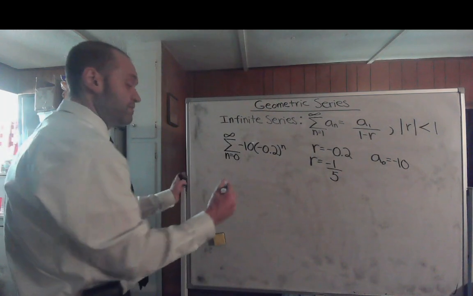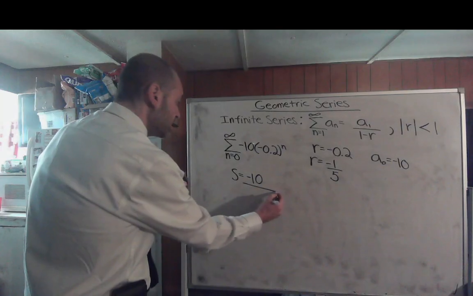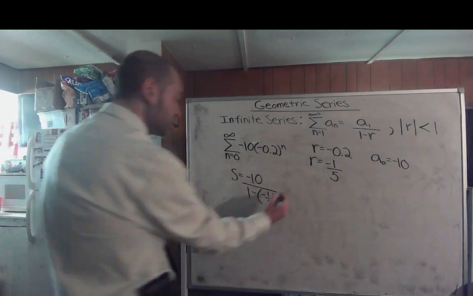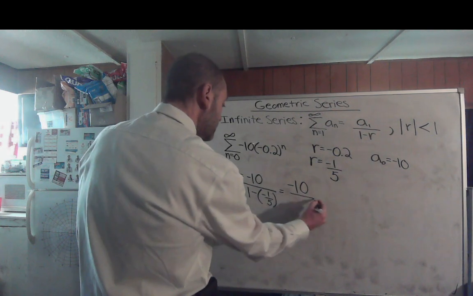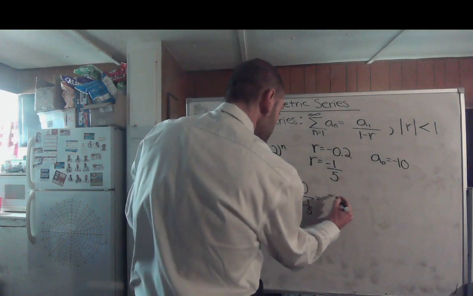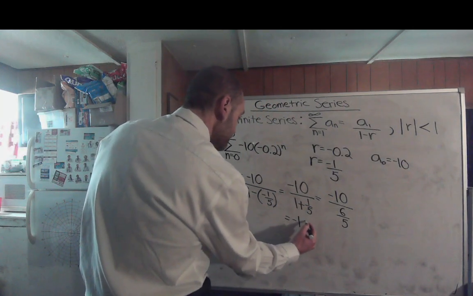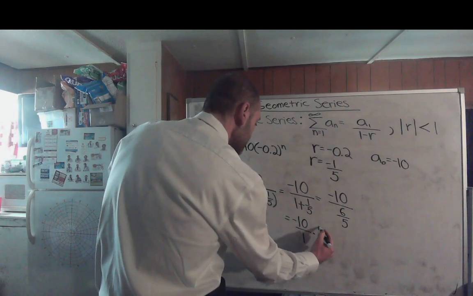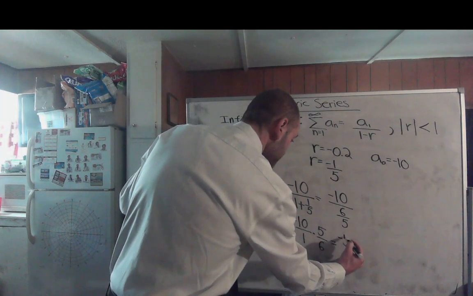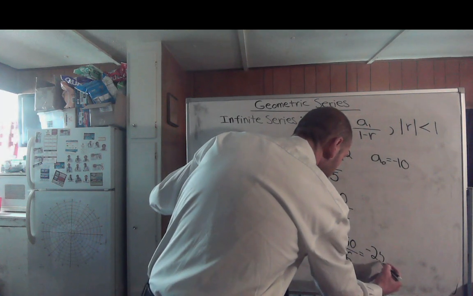So let's go ahead now and find the sum. So the sum is going to equal my first term of negative 10 all over 1 minus my common ratio of negative 1/5, which would give me negative 10 all over 1 plus 1/5, which is going to give me negative 10 over 6/5, which would give me negative 10 over 1 times 5/6, which would end up then giving me negative 50 over 6, which would simplify then into negative 25 over 3.